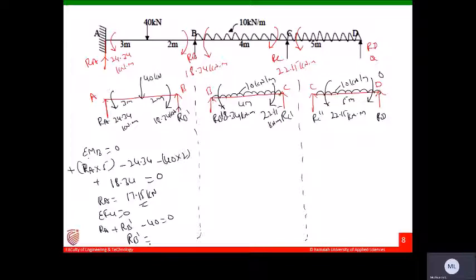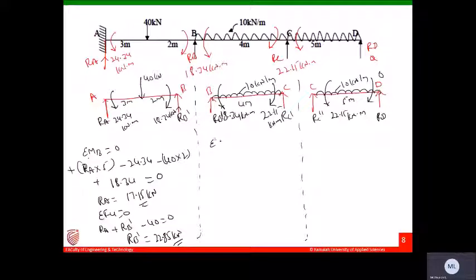RB dash equals to 22.85 kilonewtons. Okay guys, this is RB dash. Similarly, now let us take this beam.